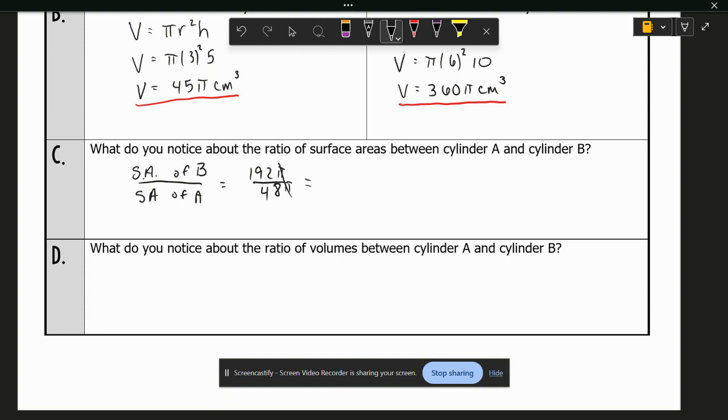So if you divide that out, the pi's disappear. 192 over 48 is 4 over 1. So think about it. That's really the same as 2 squared, which means the ratio of the surface areas, well, they squared themselves.